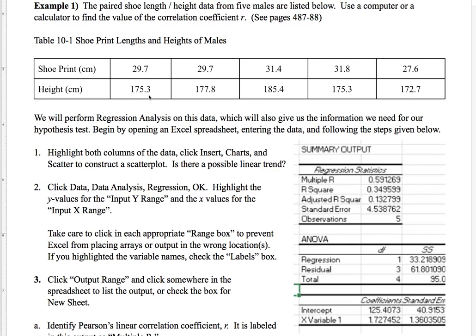His height is 175.3. So when you enter them into Excel, you want to make sure that these two are next to each other, and these two are next to each other, and these two are next to each other. I put them in a column because that's what I'm used to working with.